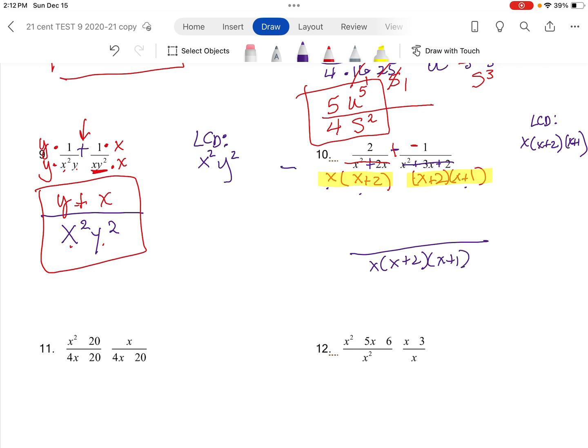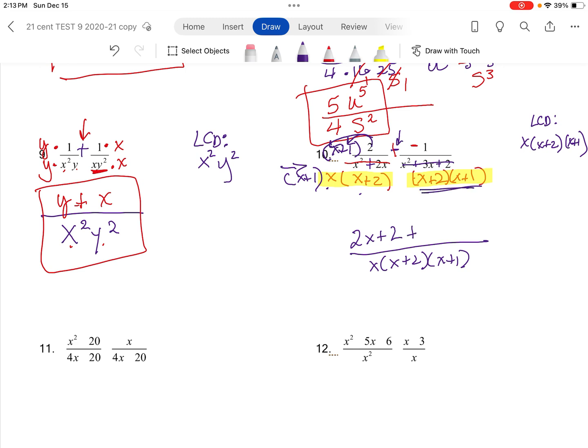This first fraction needs to be multiplied by an x plus 1. What I do to the denominator, I have to do to the numerator. So now I have to distribute that 2 through. So I get 2x plus 2. Then I have a plus.